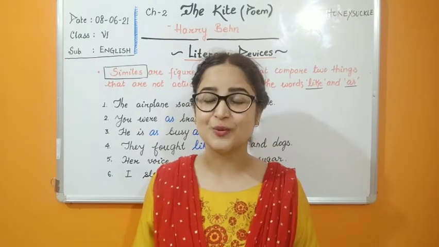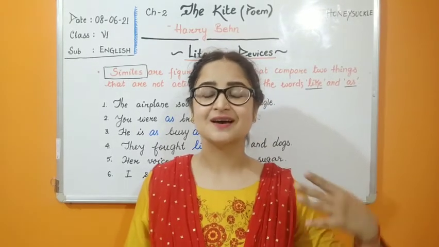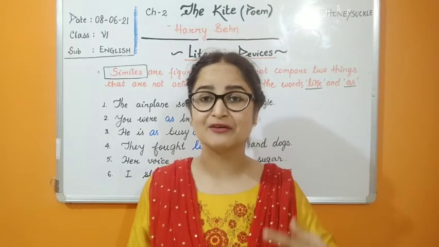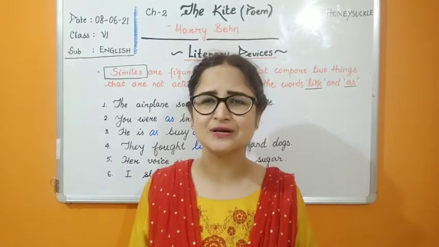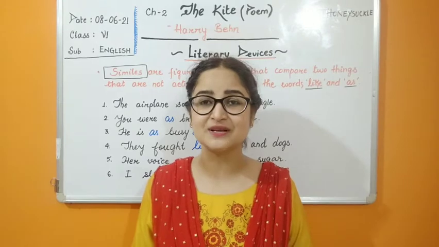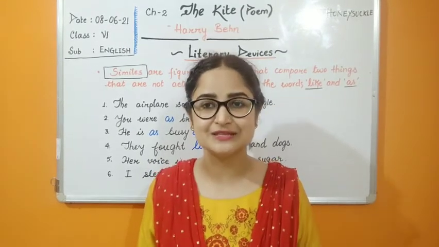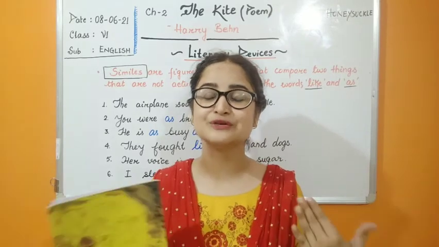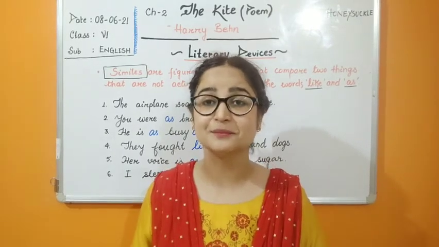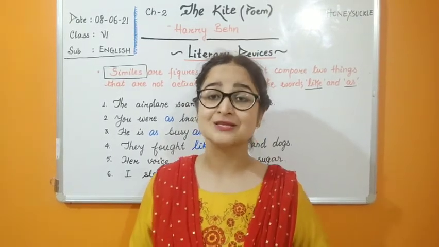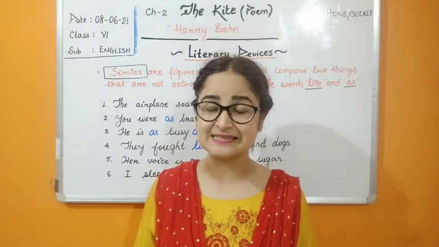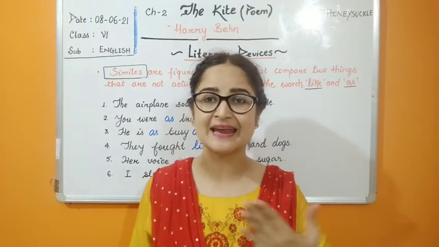When poets describe their feelings, they do not say it plainly or ordinarily. They try to use literary devices that will beautify their poem. Here also we had seen that he had used simile and alliteration.